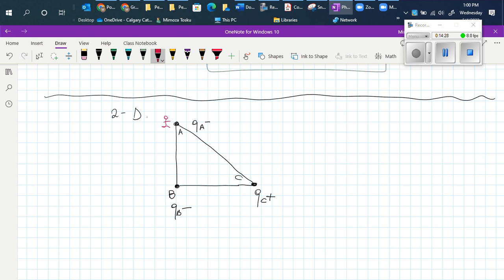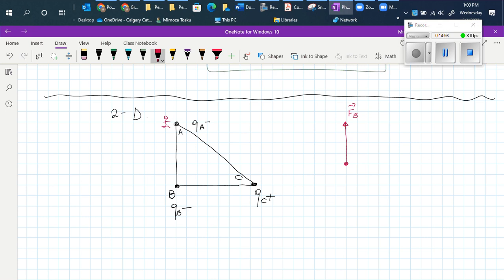Is it attraction or repulsion? It is a repulsion force because the two charges have the same nature. And it is along the line. And since the line AB is going up north, this is why the force is going up north.